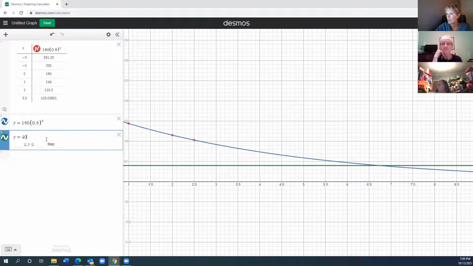I have to click on the Y equals 40 where I typed it, and then it will put a gray dot right here. So it looks like they intersect at 6.74 hours. It's very faint on the screen. As long as my cursor is on the line where I typed Y equals 40, it will automatically put the gray dot there for you. So at 6.74 hours, we should be at 40 milligrams.